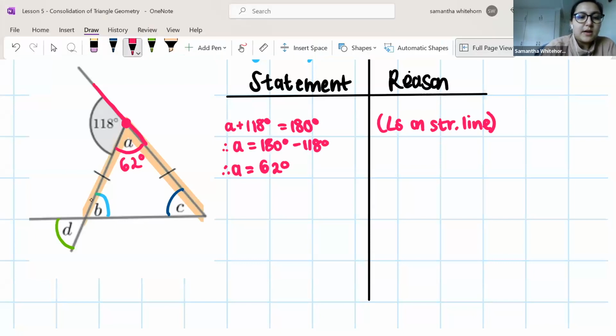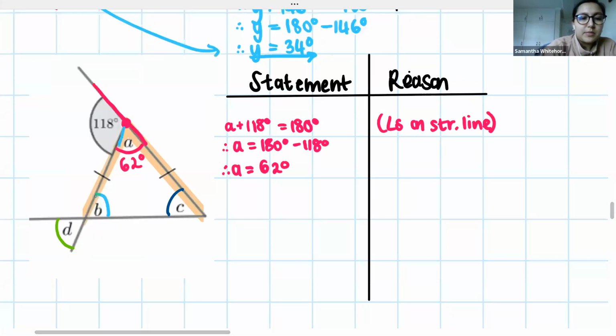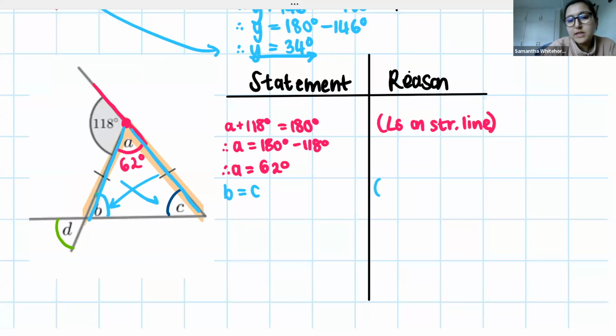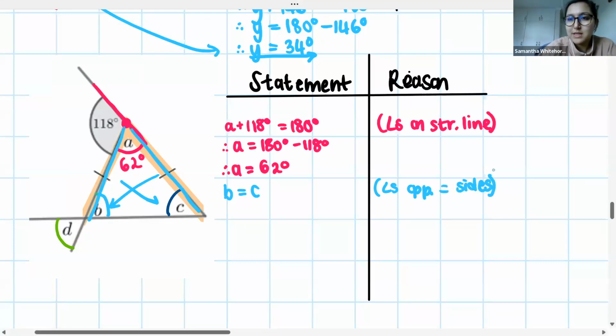So the next one that I have here is B, but what I notice is that because I've got those 2 equal sides, I know that B and C are equal to each other. So that's the first statement I'm going to make. B is equal to C, and the reason for that is because they are angles opposite equal sides. And this goes back to what I said right at the start. Write everything down.